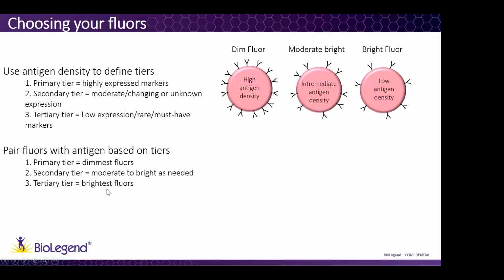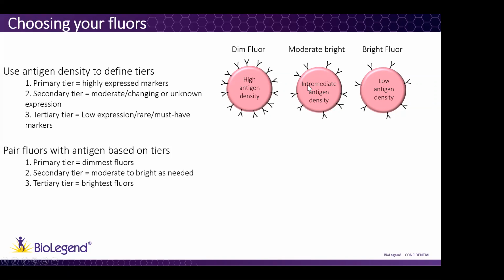So you usually want to choose something really bright for something that is low expressed, or if it's really rare. And then the secondary tier, it's moderate to bright expression, so you will choose something that is not too bright, but not too dim either. This is good for lineage markers and also something that changes during your experiment.